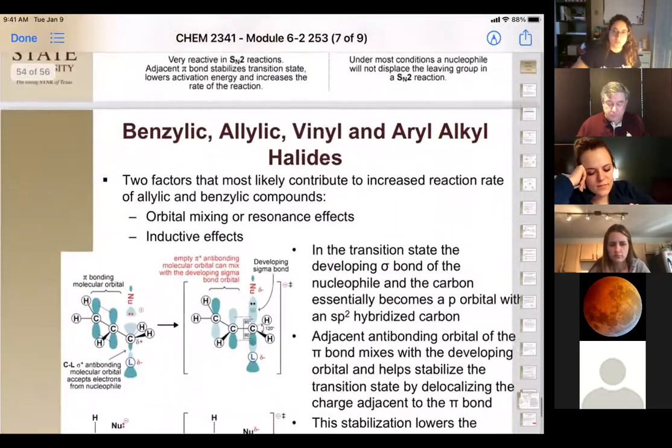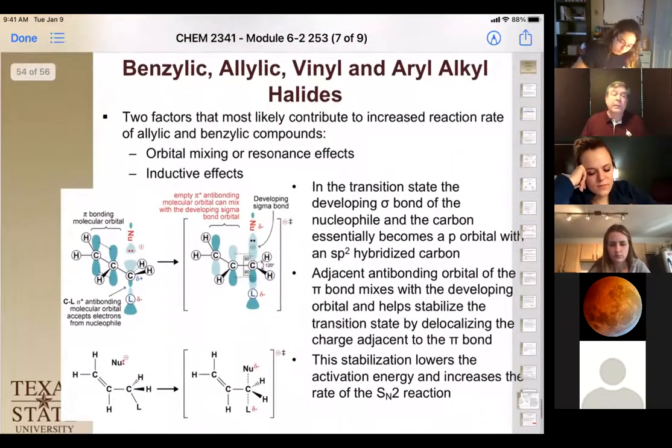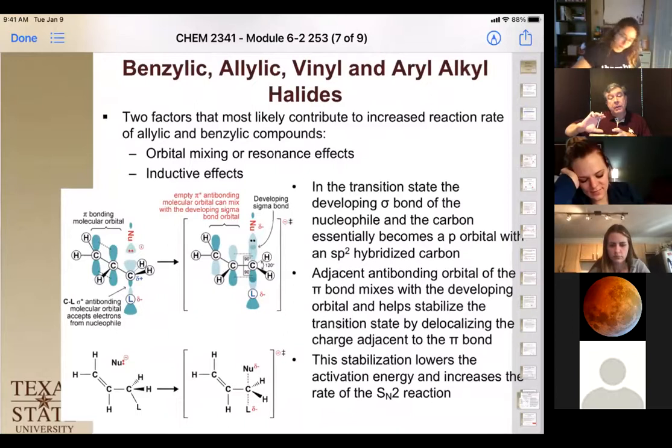Now, part of the reason that works is that you can get this alignment of the double bond with the new incoming bond being formed. They'll align, and there's a little bit of hyperconjugation associated with that. And we can get a resonance effect and an inductive effect to make it go a little faster than if an sp2 hybridized carbon wasn't there.